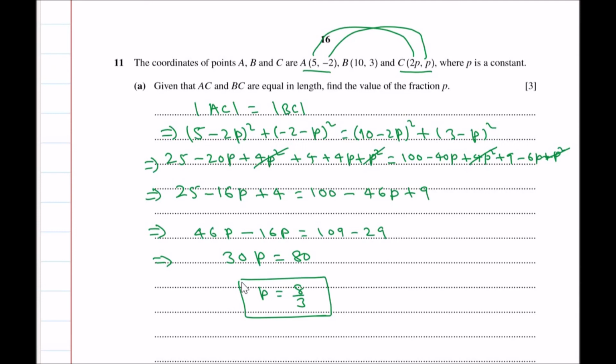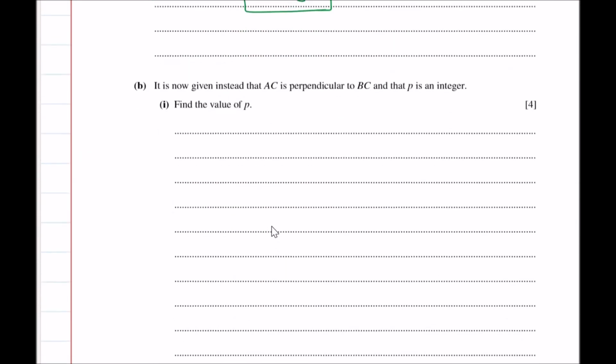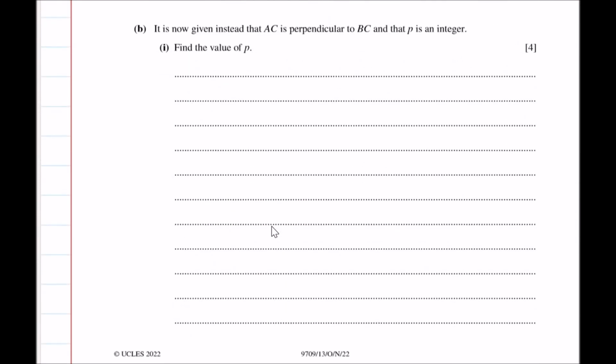Okay. Let's go to the next part. It is now given instead that AC is perpendicular to BC and that p is an integer. Find the value of p. So we have to find the value of p, but always we have to also keep in mind that the value should be an integer. If any other value we are getting, we have to ignore.